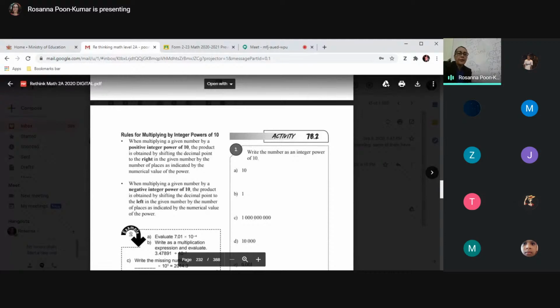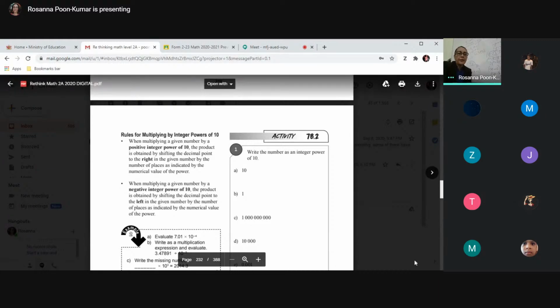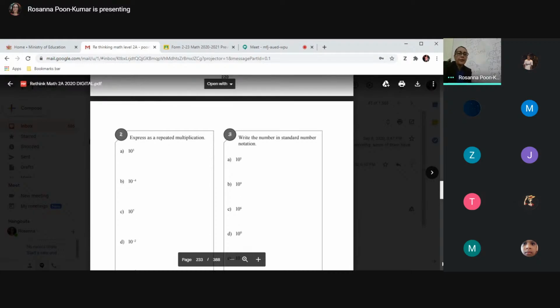Right. So this activity here, 7B.2. Okay, so the example down here, you all see in example 2, evaluate 7.01 by 10 to the power of negative 4. That's page 220.